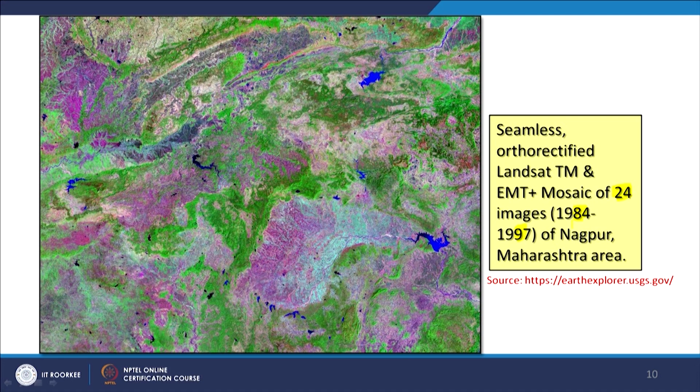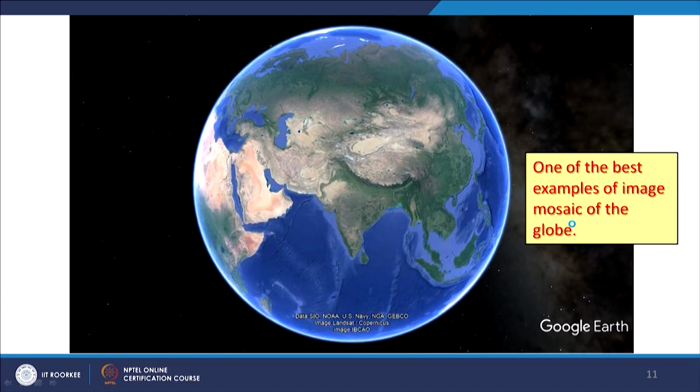One can cover one's area of interest through such products. Now, one of the best examples of a seamless mosaic of the entire globe is what we see through Google Earth. Once you start zooming in, individual scenes start appearing, and of course there are seams also. But at this scale or even at further zoom, to an extent we do not see a seam at all.